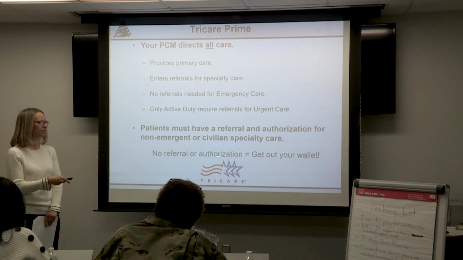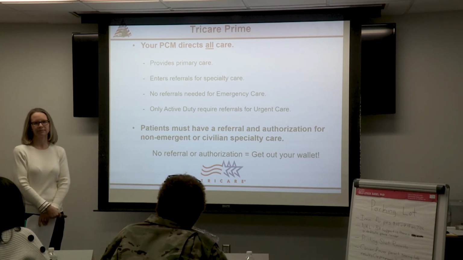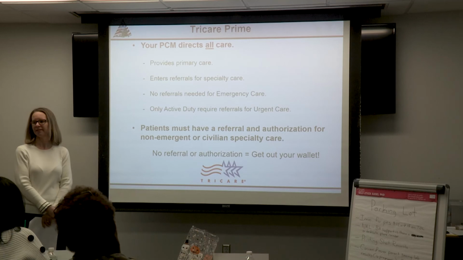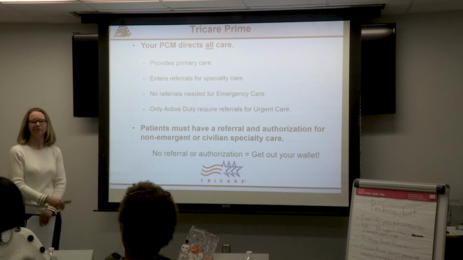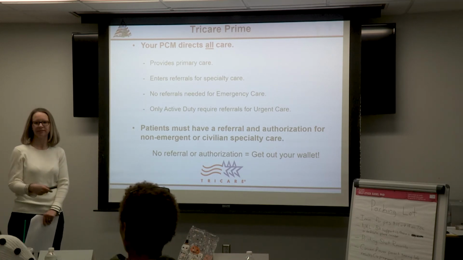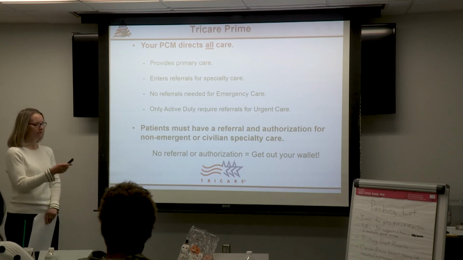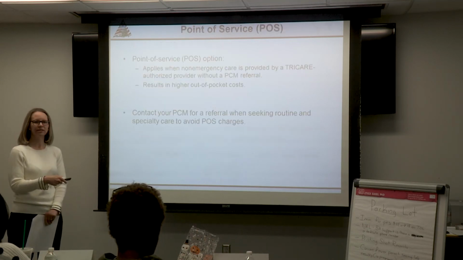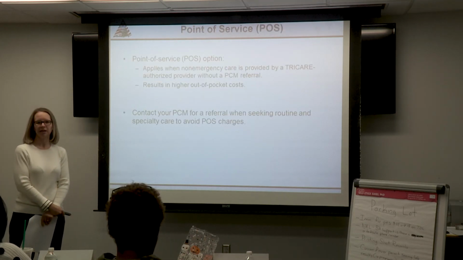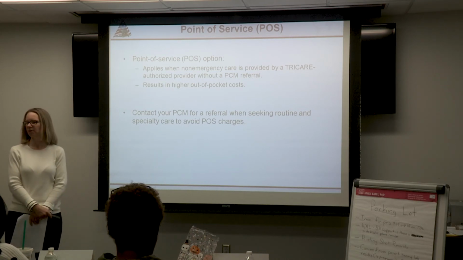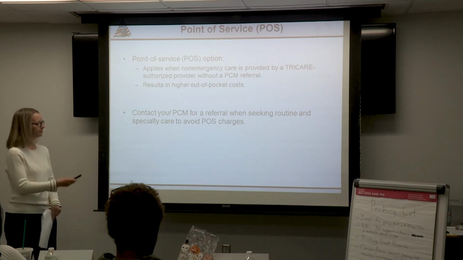No referral, no authorization, that's where they would have to pay. Because they're not following the rules of their health insurance. They can elect to do this and pay, and we're going to talk about what that's called a little bit more. It's called point of service.